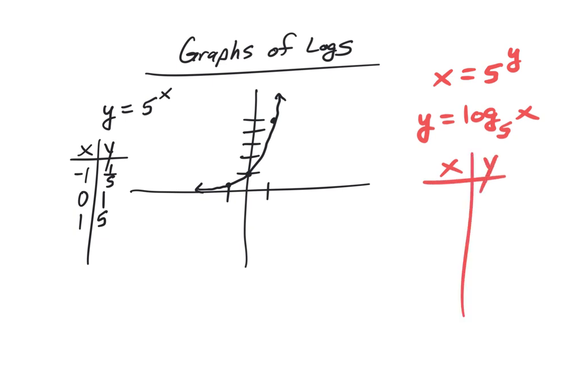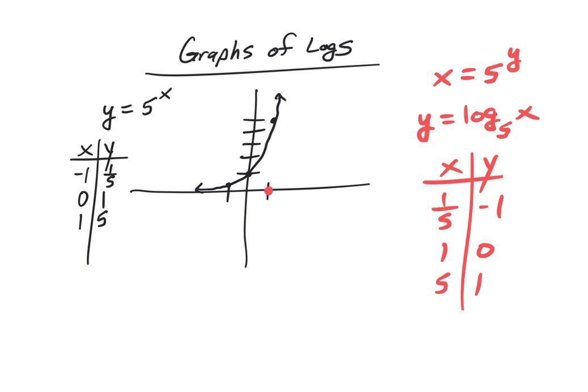So a really quick and easy way that I could graph this function: this is the inverse of this. So remember what we talked about on Friday when we did inverses. All I got to do is take those ordered pairs and flip them around, okay? And so this would now become (1/5, -1), (1, 0), and (5, 1). Same 3 ordered pairs, traded places.